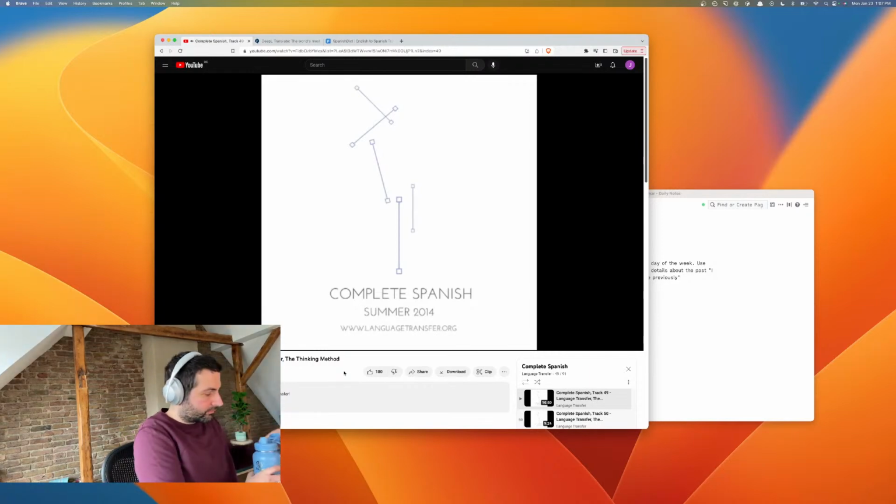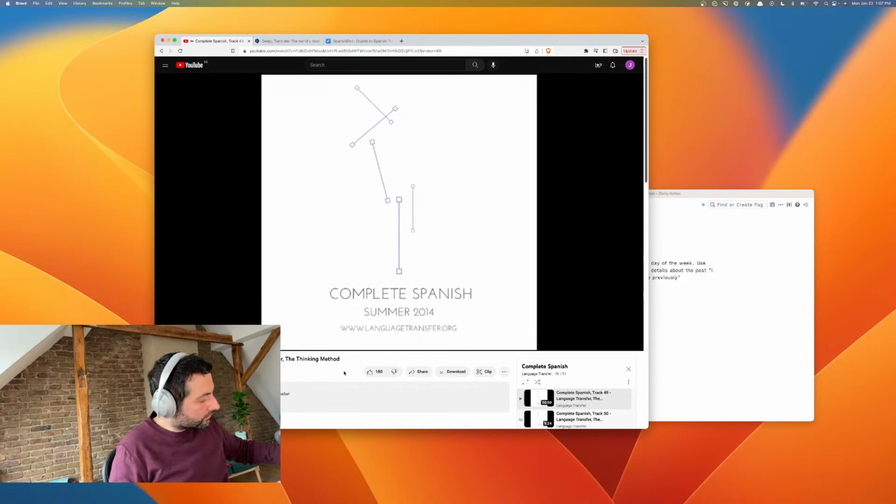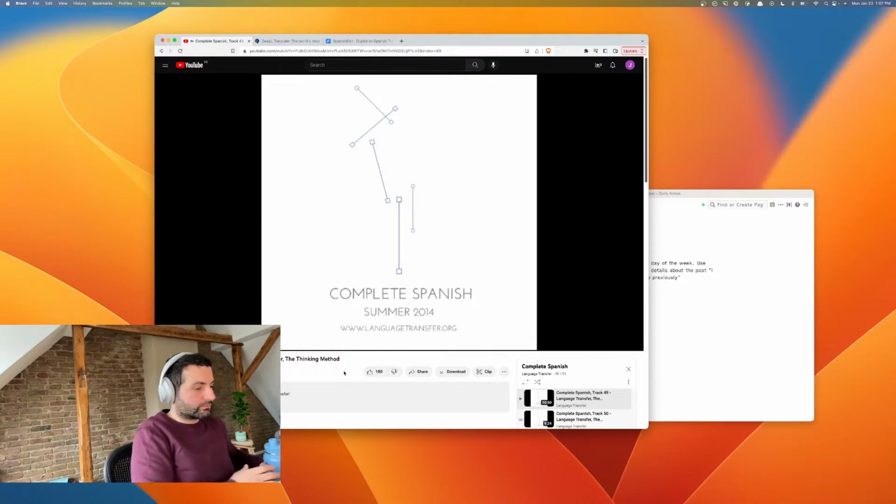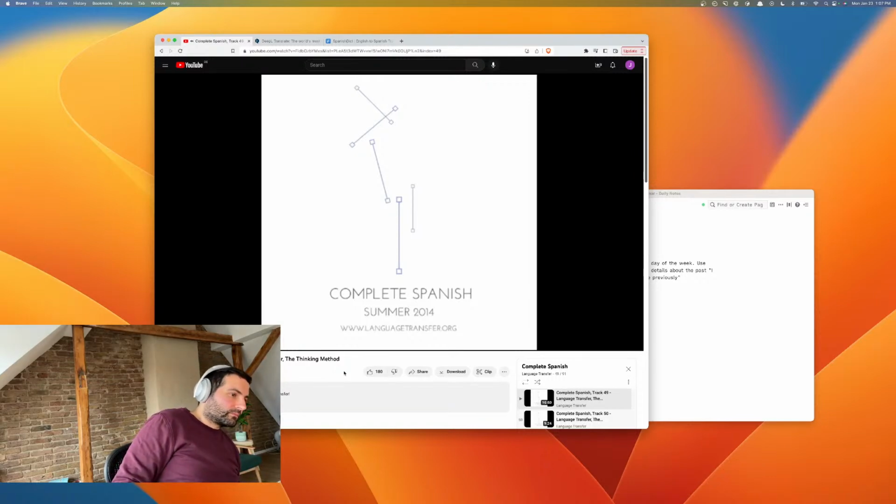The same irregularity that we get in the I form in the present, veo, we get in this line in the past. So instead of taking off er and putting o, we ended up with this extra e. So veía is I was seeing, I used to see, he was seeing, he used to see, she was seeing, she used to see, or you formal veía.